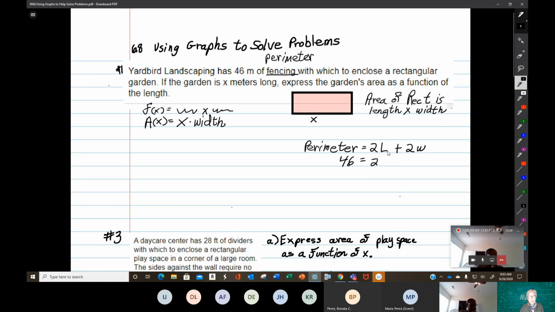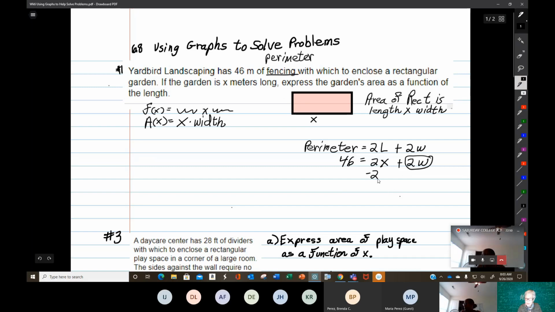And the length is being called X. Why? Because in the instructions they said so. What I need to do here is I need to solve for W. Okay? And that will be in terms of X. So that means I isolate 2W.